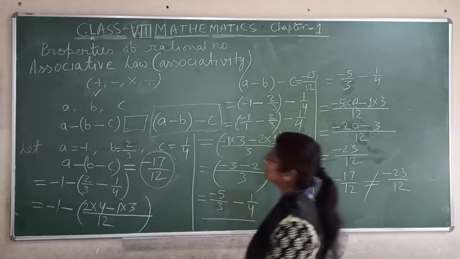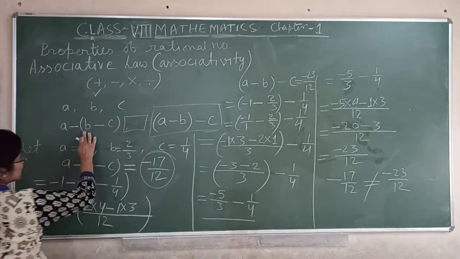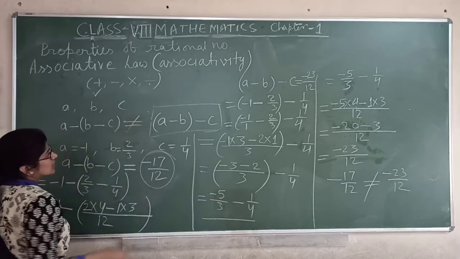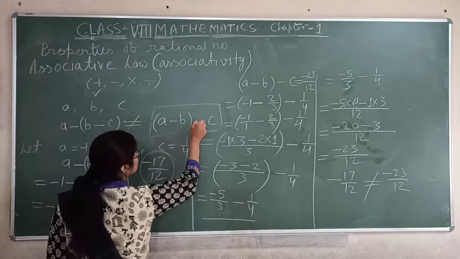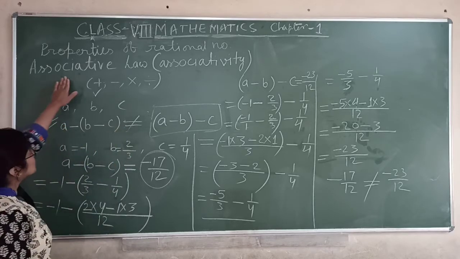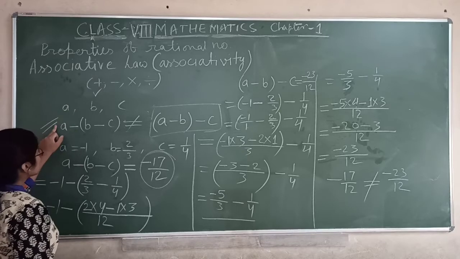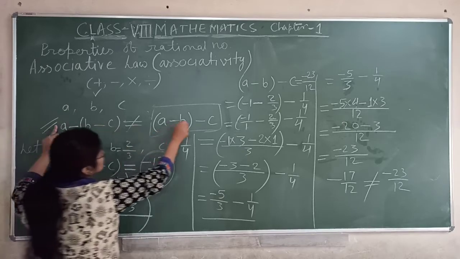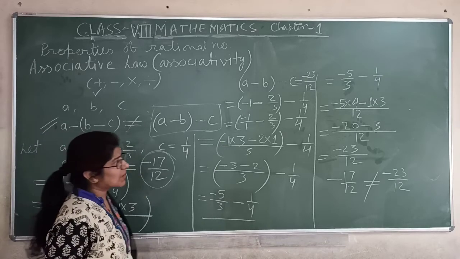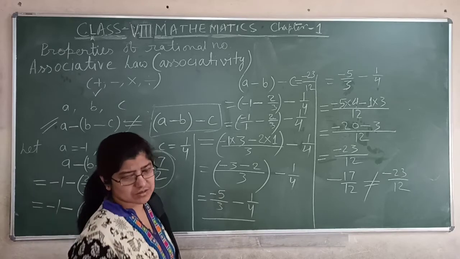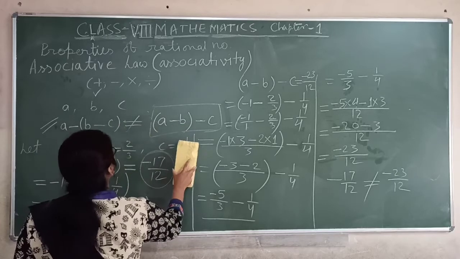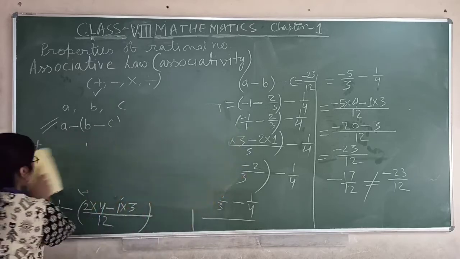So we can say A minus within bracket B minus C does not equal within bracket A minus B minus C. So for subtraction, the associative law of subtraction is not applicable for rational numbers. If both sides come equal, then applicable. If not equal, then not applicable.